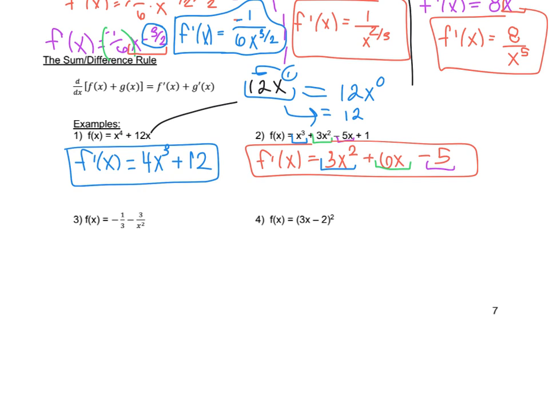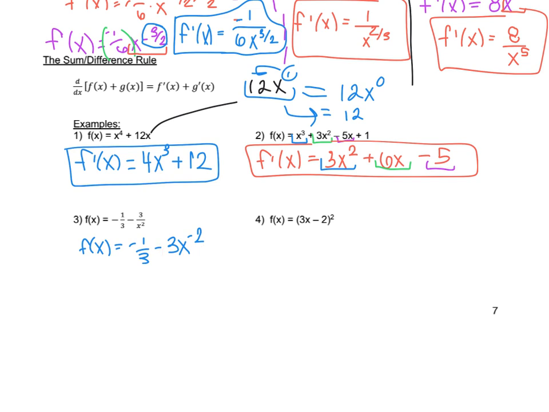So we need to rewrite this, because again, we always want to rewrite, if we can, as x to a power. So we've got negative 1/3 minus 3x to the negative 2. So I've rewritten 3 over x squared as 3 times x to the negative 2.